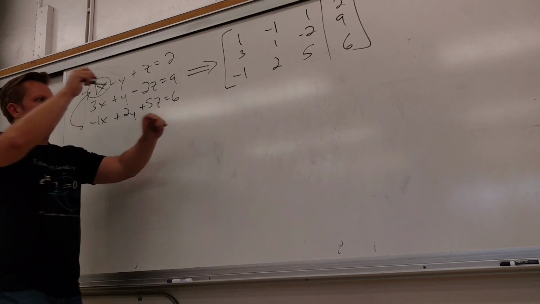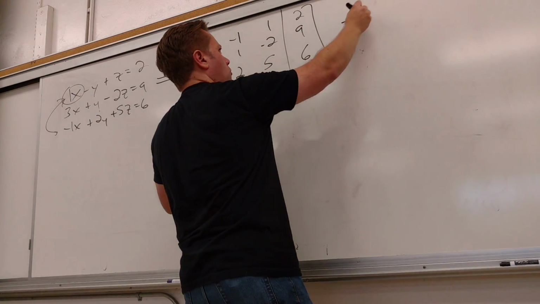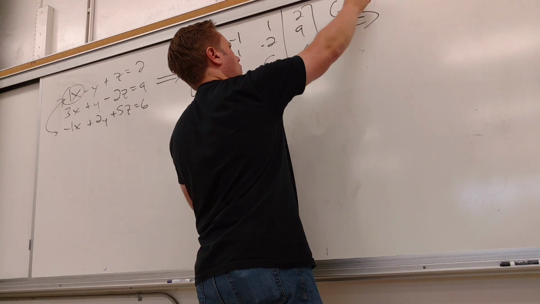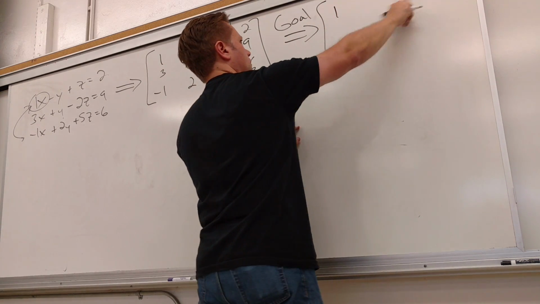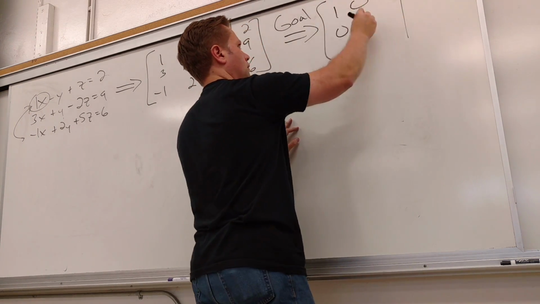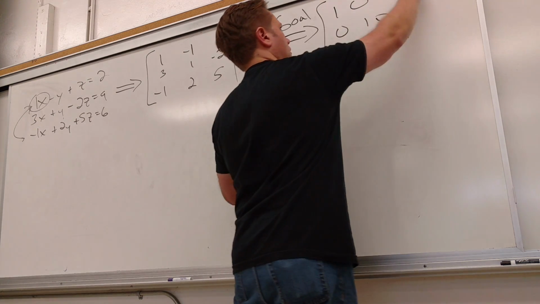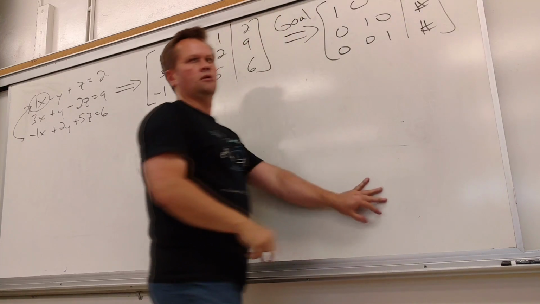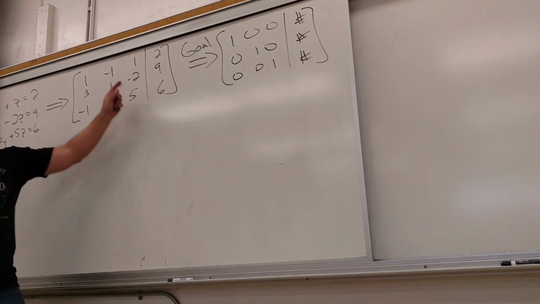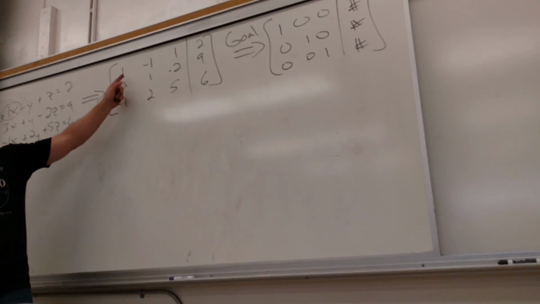Alright, so let me put up here. Here's our goal. Our goal is to make this look like this. Number, number, number. Alright, somebody help me out. So this, if I read this as an equation, what equation would this be?